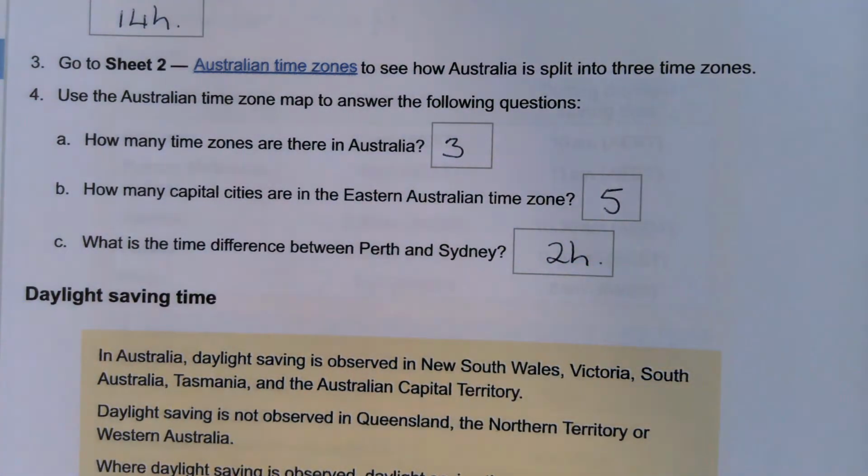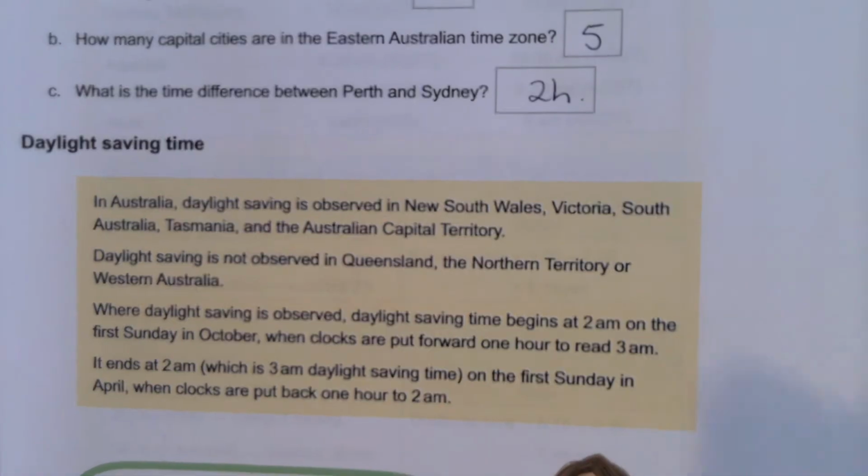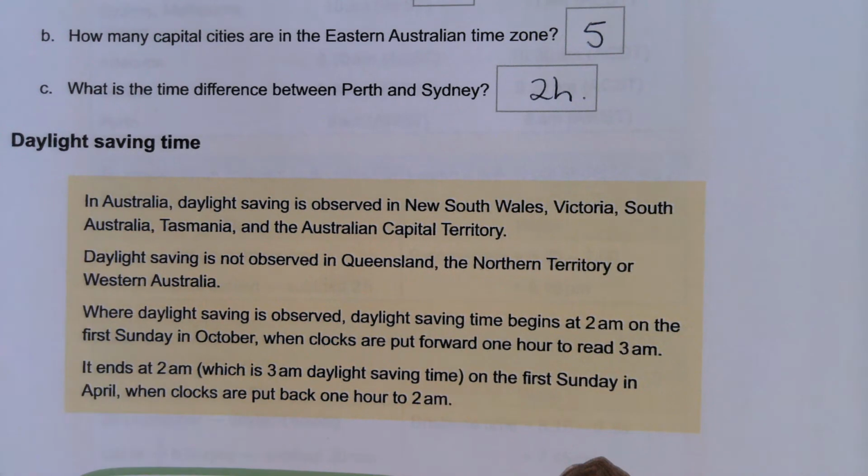However, just to throw a little bit of a curly one in, we do Eastern Daylight Saving Time. It's important you understand Daylight Saving Time, because often when you go to find a TV program or want to watch something in a different state, if it's in the middle of summer, it might be at a different time zone.